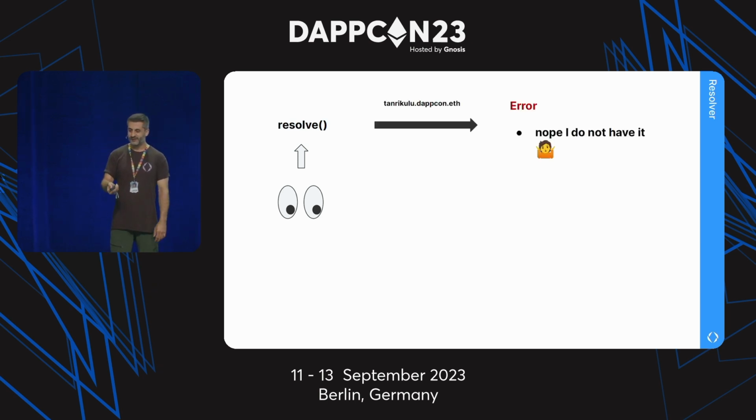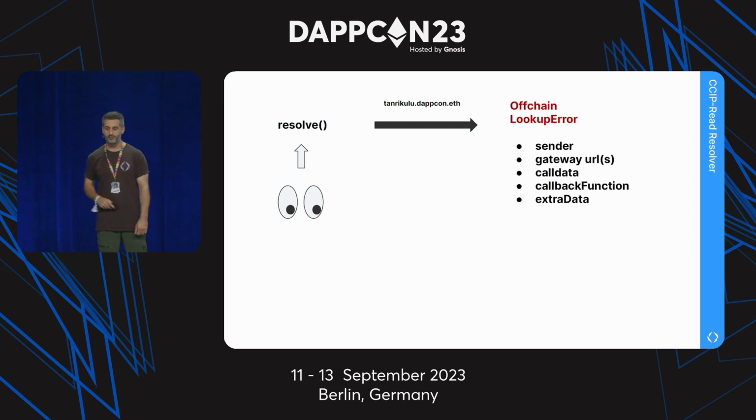So you're just asking about Tanrıkulu.DappCon.eth. In the regular contract scenario, it just says, nope, I don't have it. In the CCIP read scenario, it says, nope, I don't have it, but I know where it is.